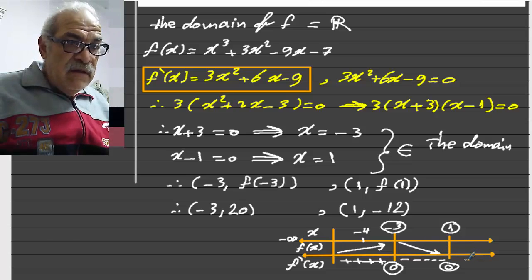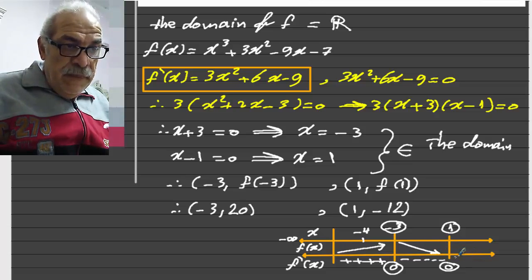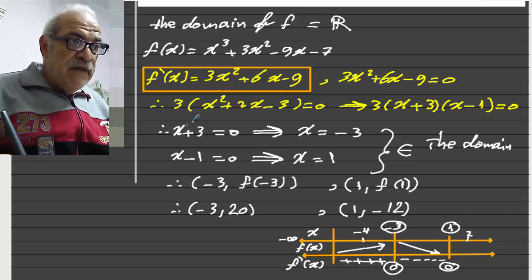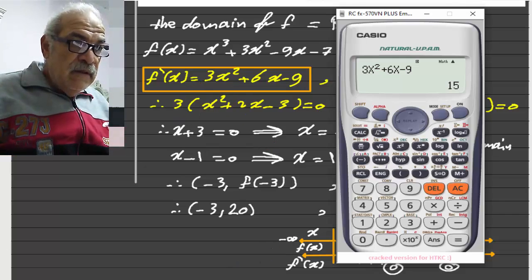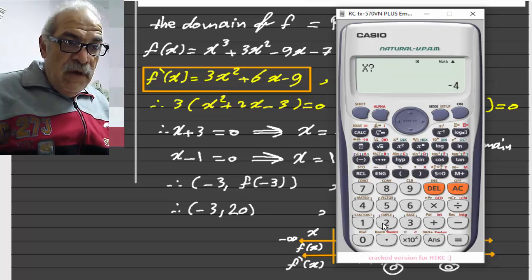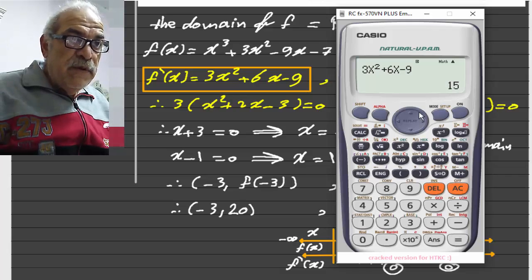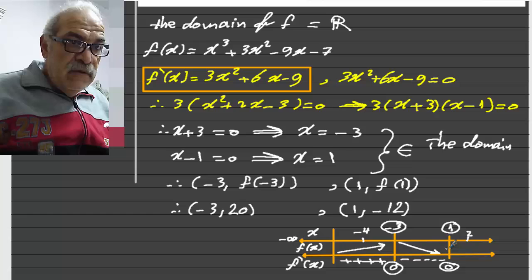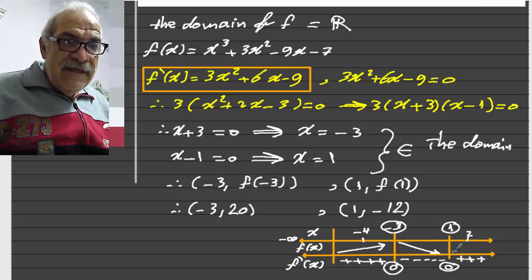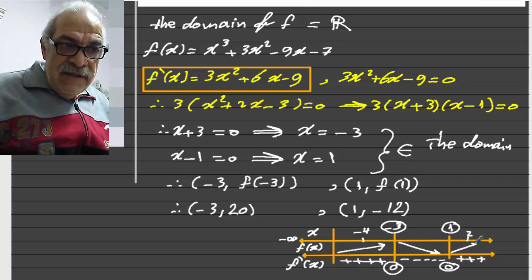And we take another number greater than 1, like 2, and we substitute in f dash of x. So we calculate for x equals 2, it is greater than 1. Also, it is positive, so we write positive, and we deduce that the function f of x is increasing in this interval.